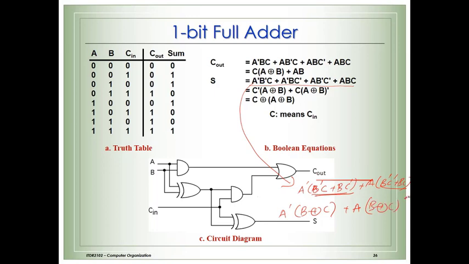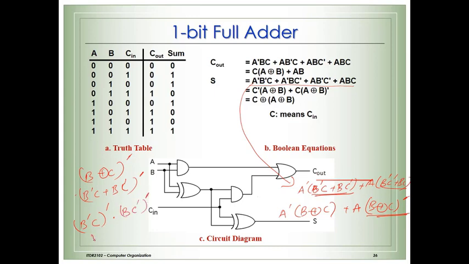Now you might be asking how come, correct? So let's take this one, (B exclusive OR C) whole naught. So what is B exclusive OR C? (B naught C or B C naught) whole naught, right? Then if you apply De Morgan's theorem, you will have (B naught C) whole naught dot (BC naught) whole naught, right?